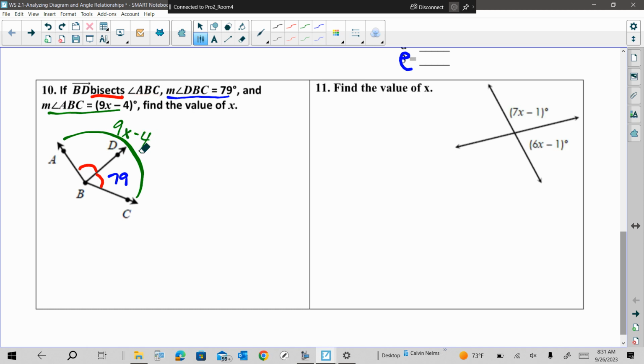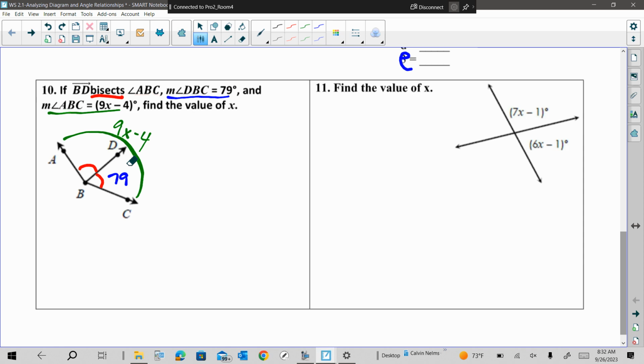Okay, so we have to write equations on 10 and 11. Do we know the equation we could use here? Using our understanding of bisects. What angles do we see?